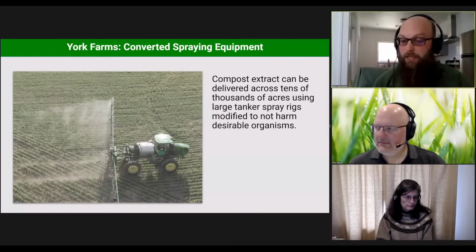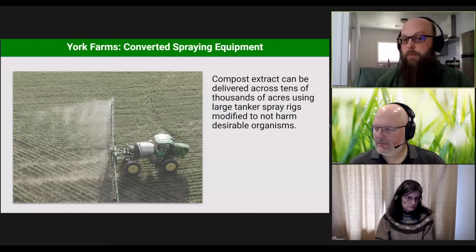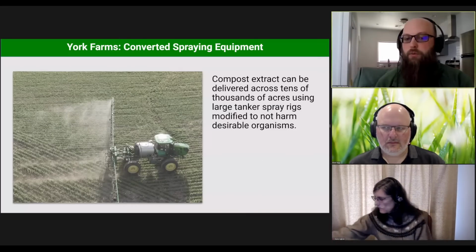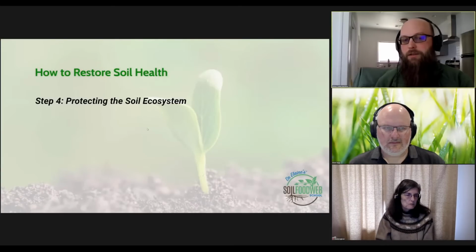So instead of killing his soil biology, he's investing in making his soil more resilient, with a more thriving soil food web each year. And it's just very inspiring to be able to look at this case example. So I hope you all will check out the January webinar 3 to hear more directly from Adam York about his journey through all of that. So I think that'll take us through step 3 here, Brian.